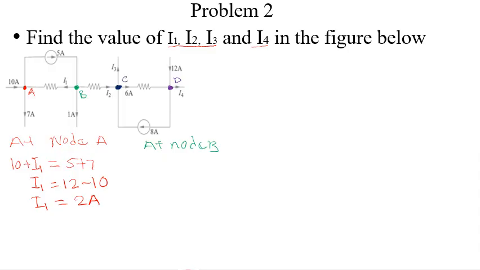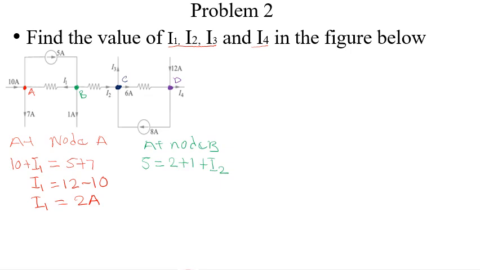So we find out that 5 is entering. So we have our 5 here, which should be equal to all those leaving. So I1, we already know the value of I1 as 2, plus 1, then plus I2, which is also leaving.